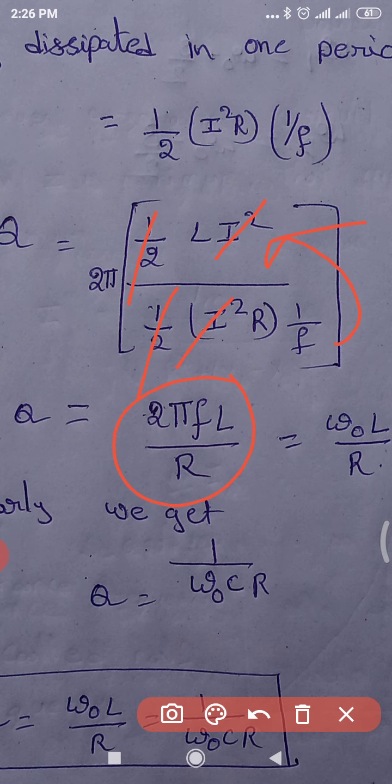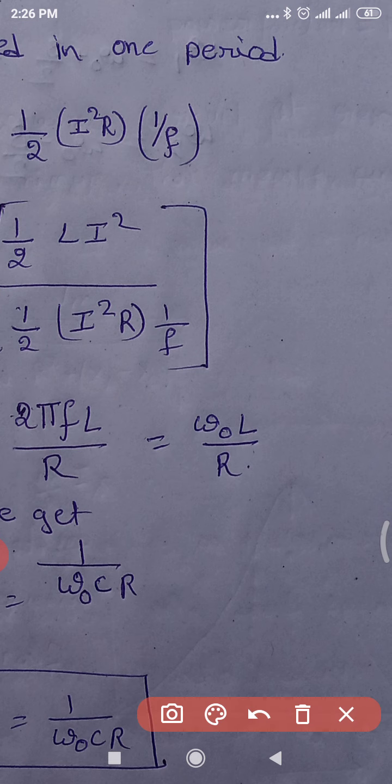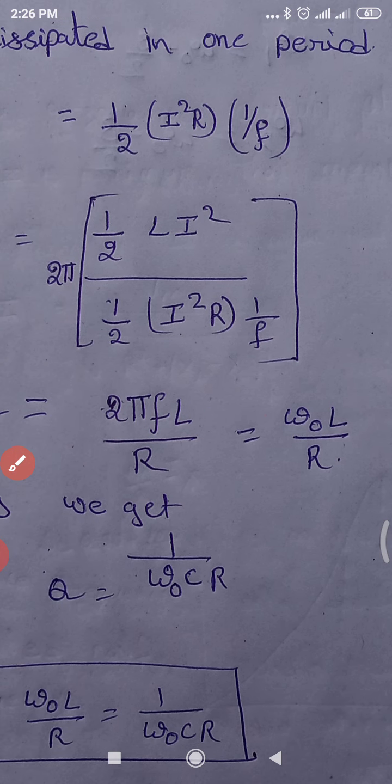Similarly, if we consider the circuit is capacitive, then the formula is like this. This is actually C, not L: 1 by omega naught C R. We are replacing this 2 pi F with omega naught.